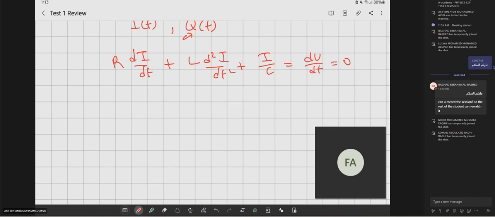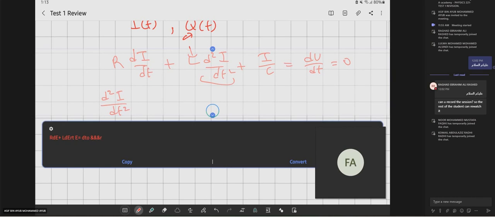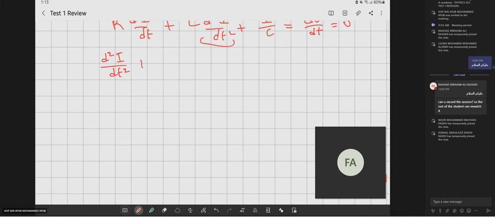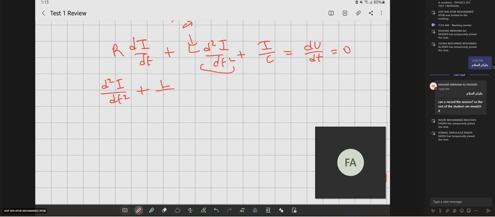And it can also be 0, in which case it will be simpler actually. To write this in the standard form, in which the coefficient of the second order term is 1, I'll have to divide everywhere by L. So I'll have d squared I/dt squared plus R over L di/dt plus I over LC equals dV/dt.